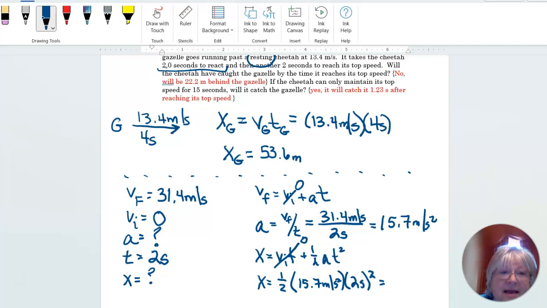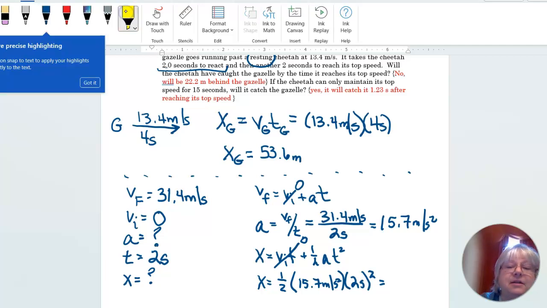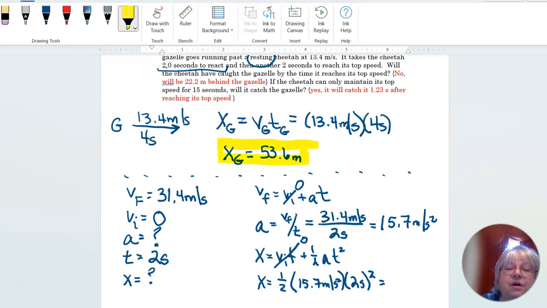Now, before I get my answer, I want to think back to this answer here. That's how far my gazelle went. If I get an answer greater than or equal to 53.6, my cheetah will catch the gazelle. If my answer comes out less than 53.6, my gazelle has not been caught.